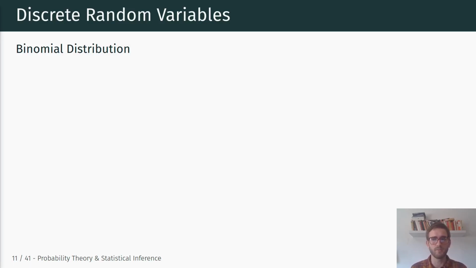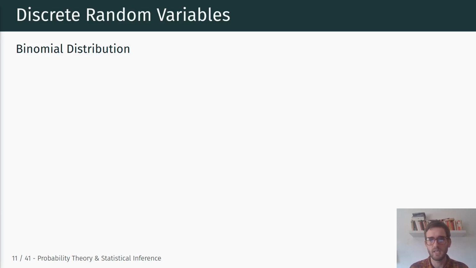In other words, a binomial random variable, which we could denote X, records the number of successes in a total of n independent trials with success probability p. You could think of it as the sum of n independently and identically distributed Bernoulli variables.